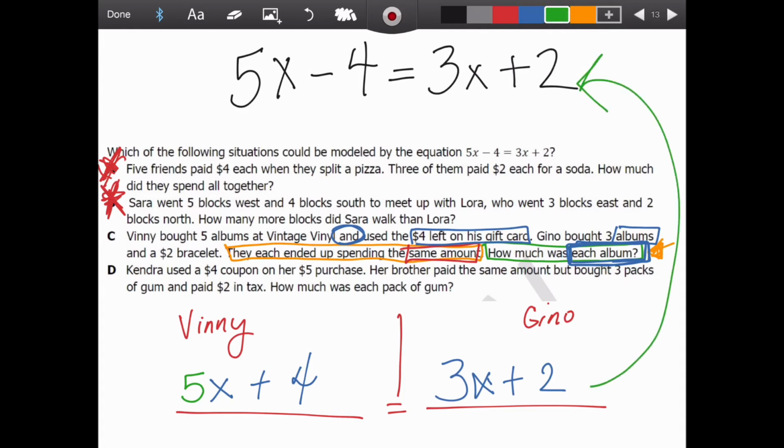Now, all the numbers look the same, but there's one key factor here that is not the same. That is this operation here, plus. Look at my original problem. It wanted subtraction between these two. So therefore, even though it has the right numbers on both sides, it's not our answer, okay? Because it doesn't match the original equation.